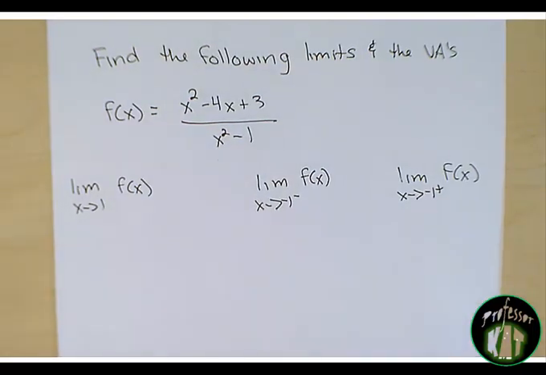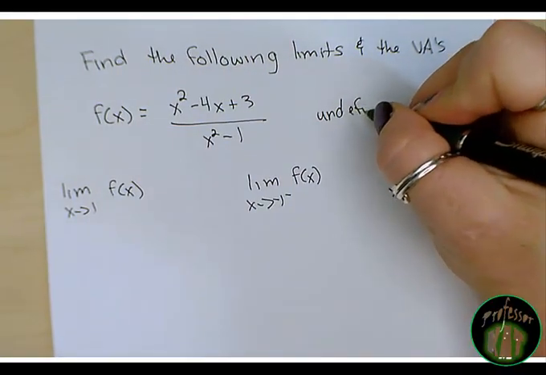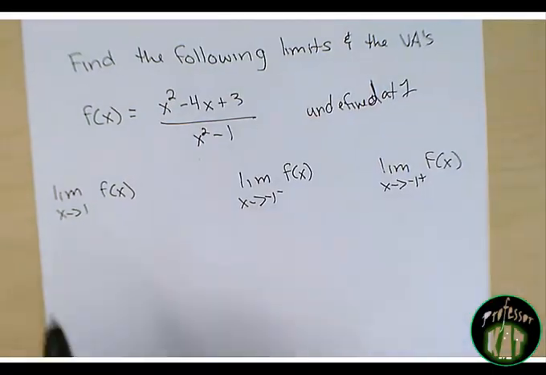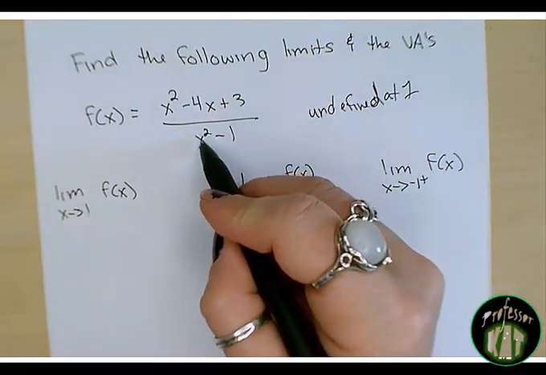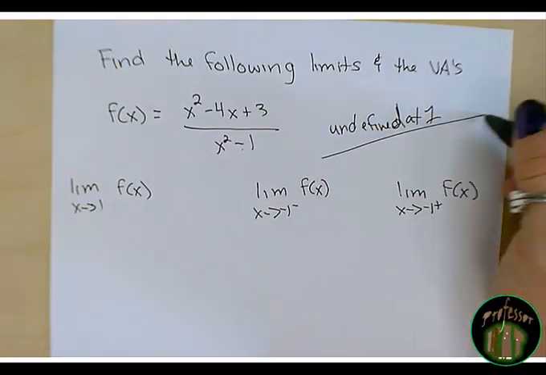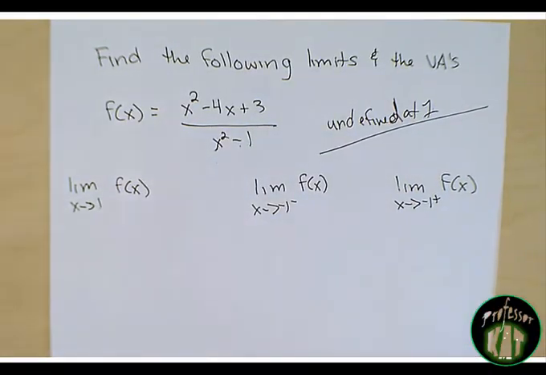So we get 0 in the denominator, which makes it undefined. This function is undefined at 1, because we don't want 0 in the denominator. That means this graph should have a hole at 1.